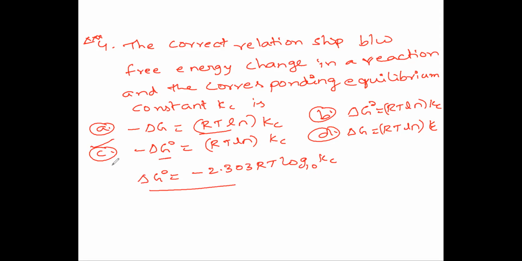So we shift the minus here, and this becomes minus delta G degree is equal to RT ln Kc. Ln is called natural logarithm, and for substituting ln we have to use 2.303 log Kc. So the answer is the third option. I hope it is clear.